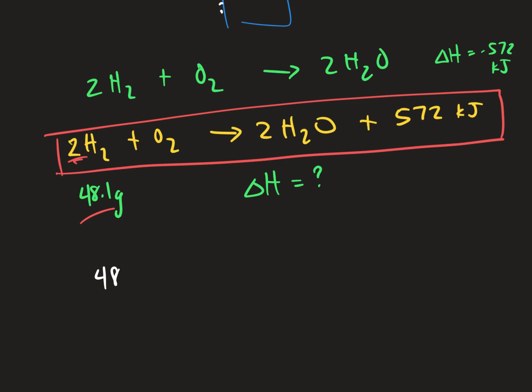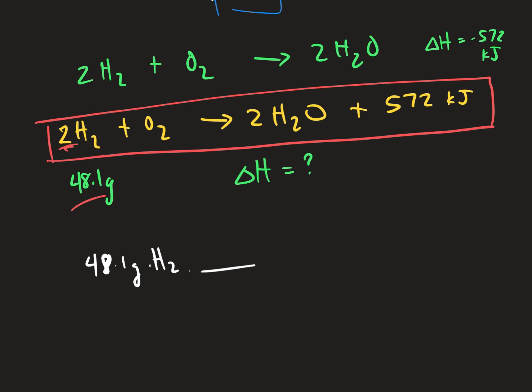We're going to start with what we have, 48.1 grams of H2. And we're looking for the amount of heat. So if we look at our mole roadmap, what can we convert to if we have grams of something? To moles of that same thing, right? That's something we can do.